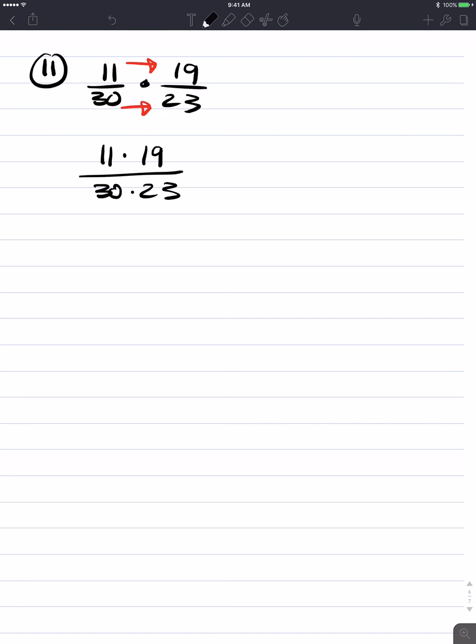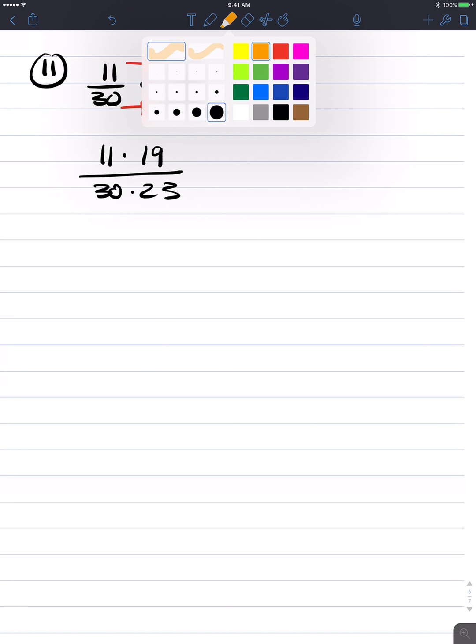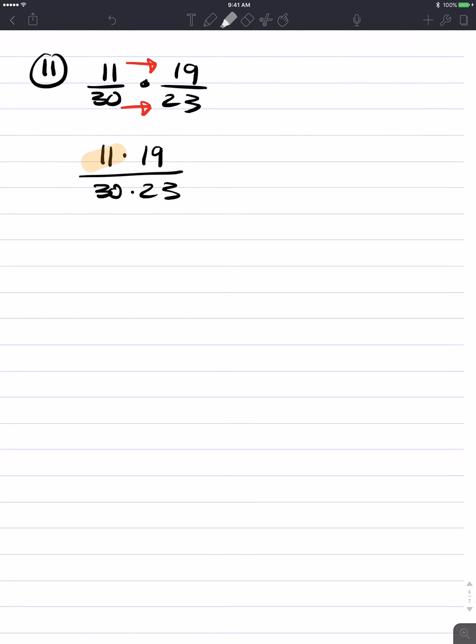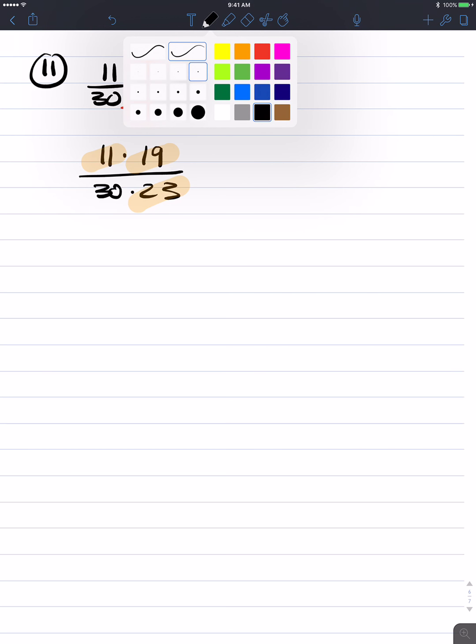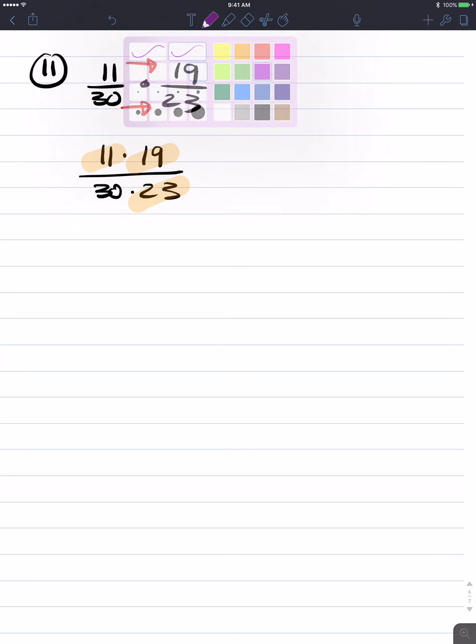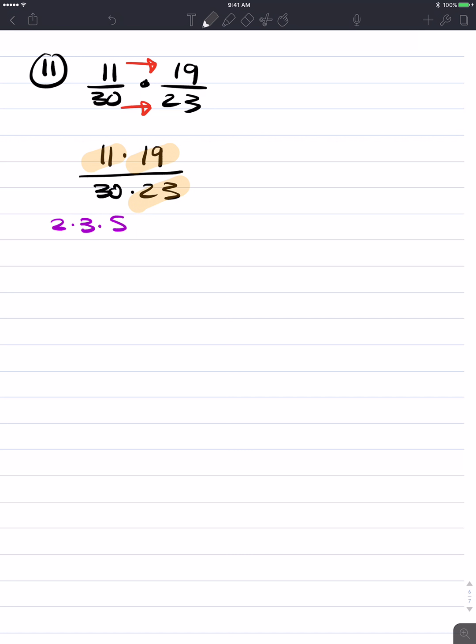Notice 11 is prime, 19 is prime, and so is 23. Number 30 is not prime, but we can write it as the following. 30 can be described as 2 times 3 times 5.